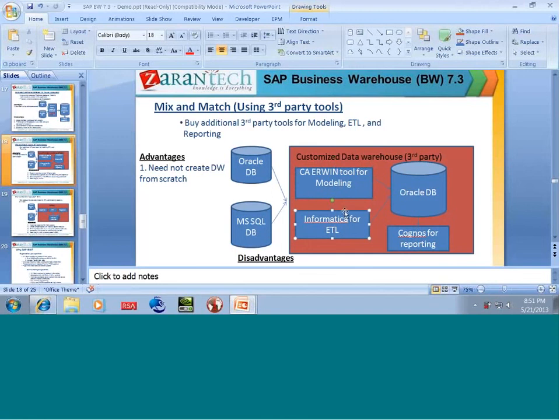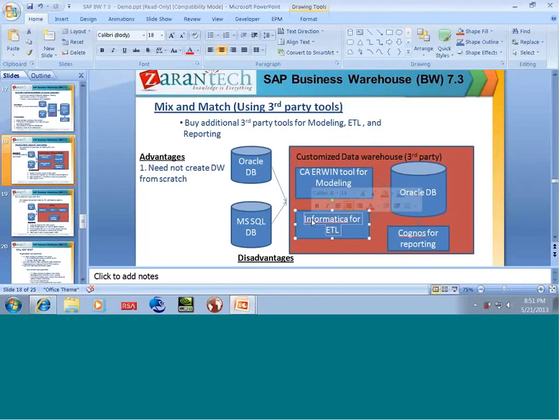The advantage is, compared to the in-house resources or the first category that we looked at, these tools are available in the market. They come with pre-packaged functionality. They know how to adapt to different source systems. They know how to get data from source systems.